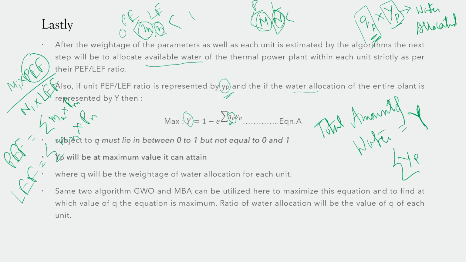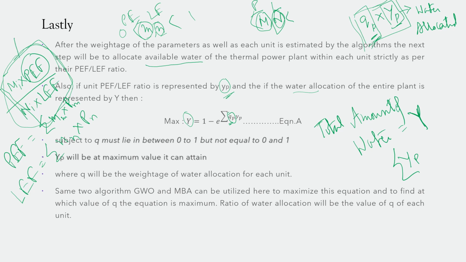Now you may ask, what is the difference between the way we have determined the importance of each unit, deciding which unit is how much important, and this one? This one is in terms of how each unit is contributing towards the profitability of the industry, right?